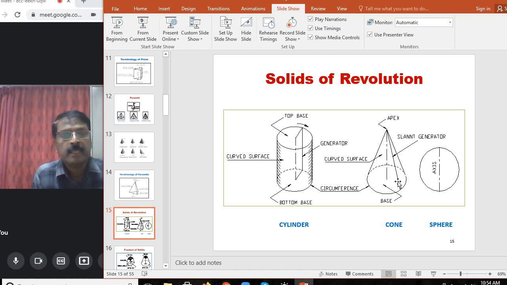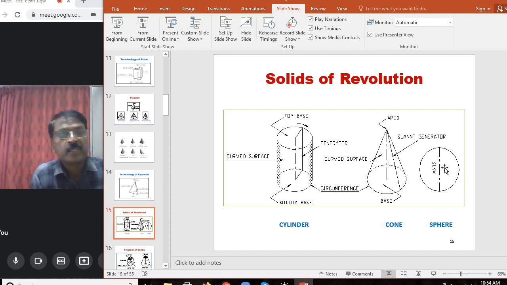And how is the cone formed? Consider a triangle with a vertical edge fixed, and this triangle is rotated about the fixed edge. It will generate a cone. So cone is a solid of revolution.